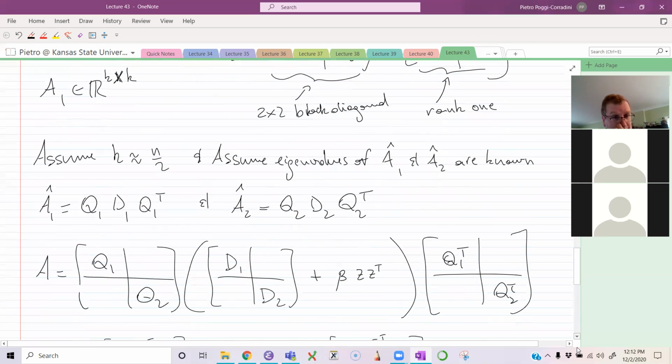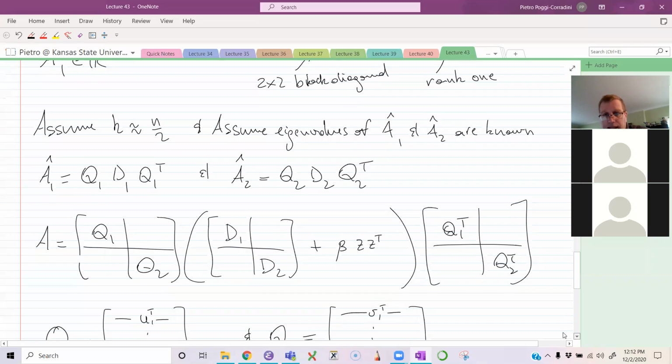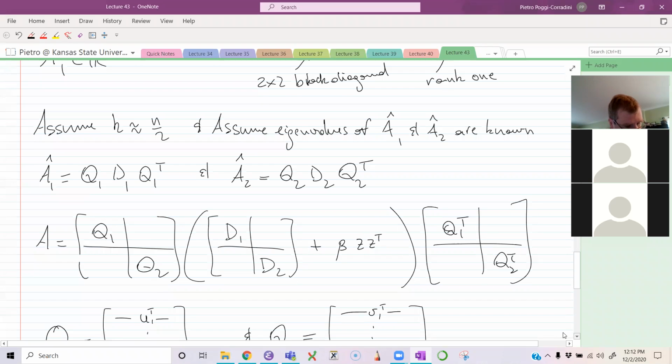You can write it like this. So in a sense, you can think about it in terms of a change of variable. And then A becomes diagonal plus a rank 1 perturbation in that coordinate system.